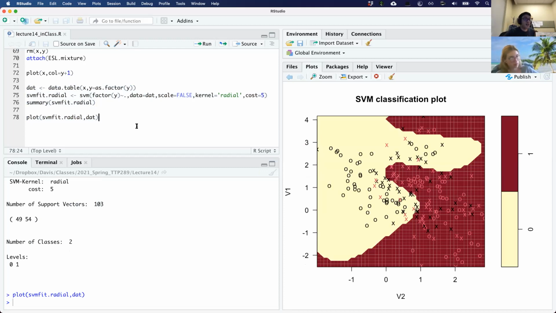Okay, and what you can see is that by having a radial kernel, which essentially allows you to do single level interaction between your variables, I am able to create a nonlinear hyperplane that can wrap around these points in this manner.